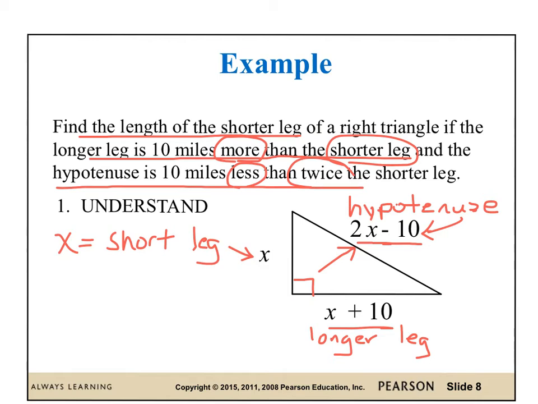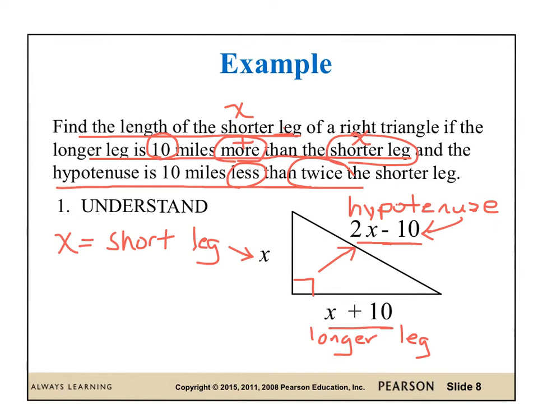So read your problem, draw a picture, decide what your variables are going to be. X is your shorter leg. Your longer leg is 10 more than the shorter leg, and more means we're going to add.